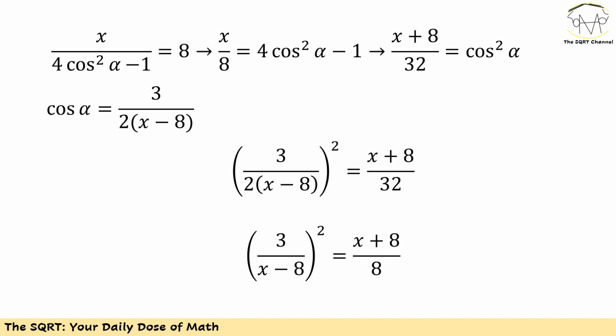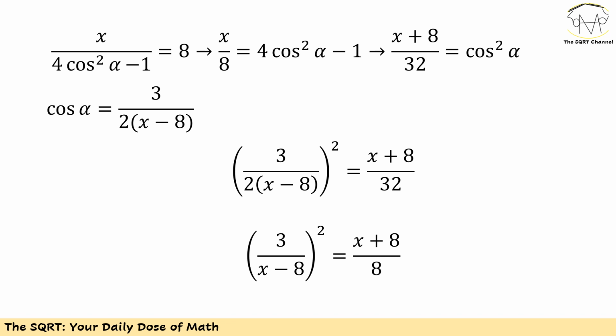So I have two equations. The first one is x over 4 times cosine squared of alpha minus 1 is 8. I'm going to find cosine squared of alpha based on x. If you just rearrange the equation, you are going to see that x plus 8 over 32 is cosine squared of alpha.